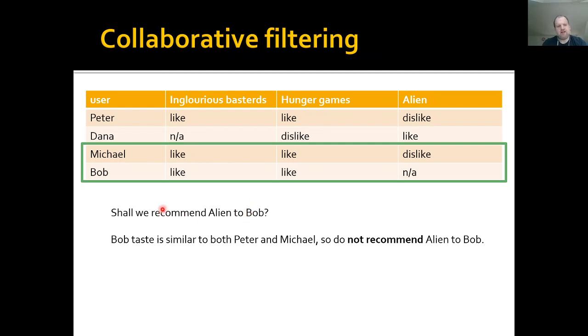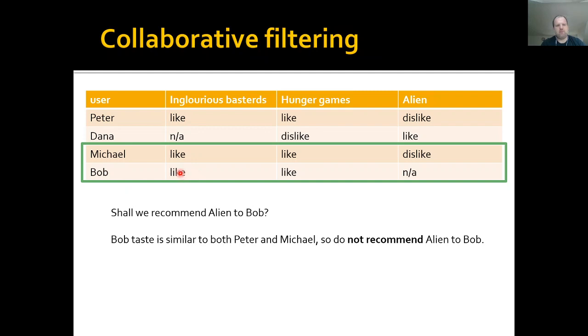If we create a question like this, shall we recommend Alien to Bob, we look at the closest or most similar other users to Bob, which are apparently Peter and Michael, because they are similar in ratings to Bob.